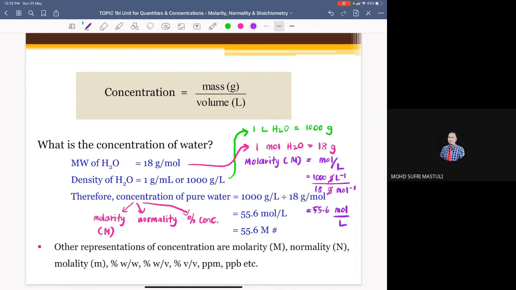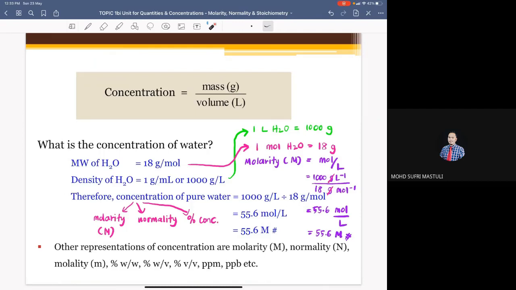So mole per liter is 55.6 molar. Don't worry about this one. If you are still confused, on the next slide we will explain in detail about the molarity.